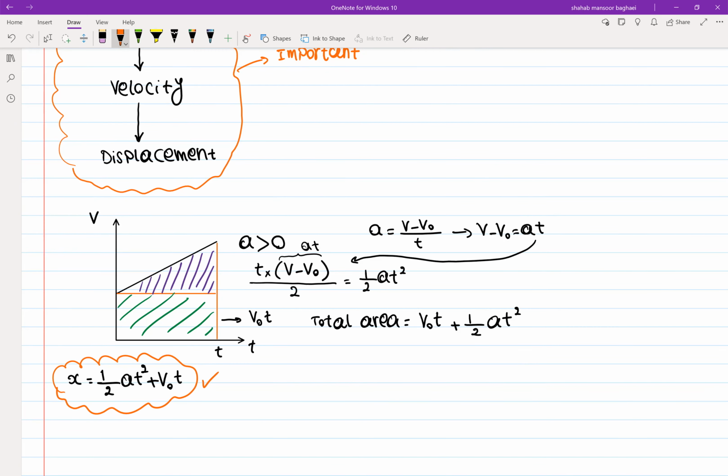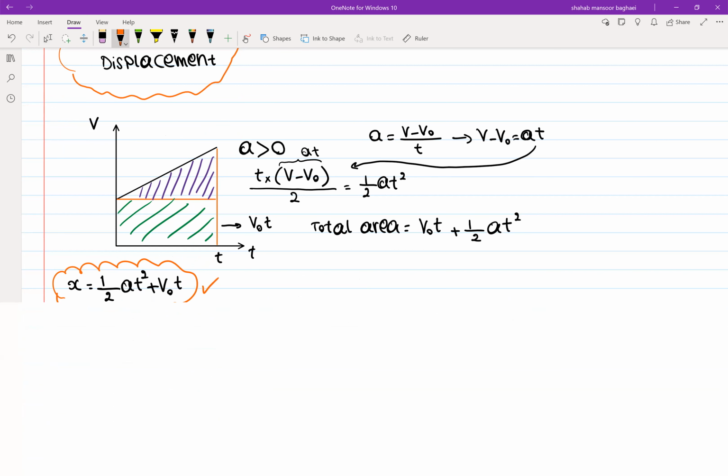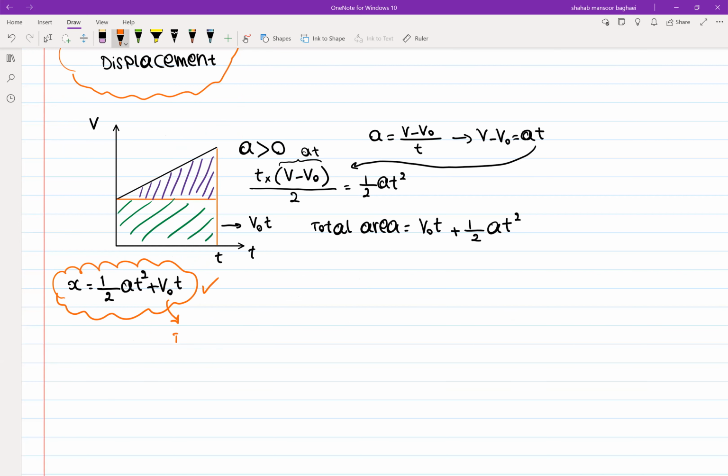And I want to talk about this equation. This is the displacement equation. What is V0? It is initial velocity. What is T? It is time, in seconds. The unit of initial velocity is meter per second. A is the acceleration of your moving particle, in meter per second square.